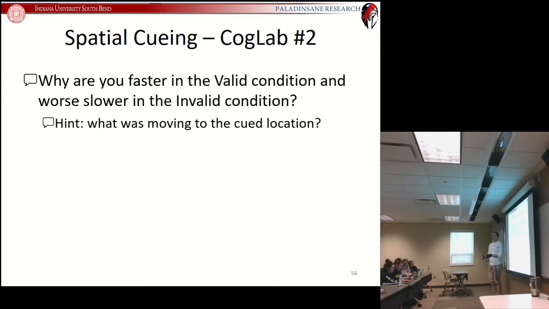And they're like, don't look. And you're like, okay. And they're like, do you see them? And you're like, yeah, I do. It's like, oh my gosh, can you believe they showed up? And you're like, no, I can't believe they did. And you're staring at your friend, but you're attending to your peripherals. You're attending outside of what you're fixating on. So that's what was being moved to that cued location. It was your covert attention.